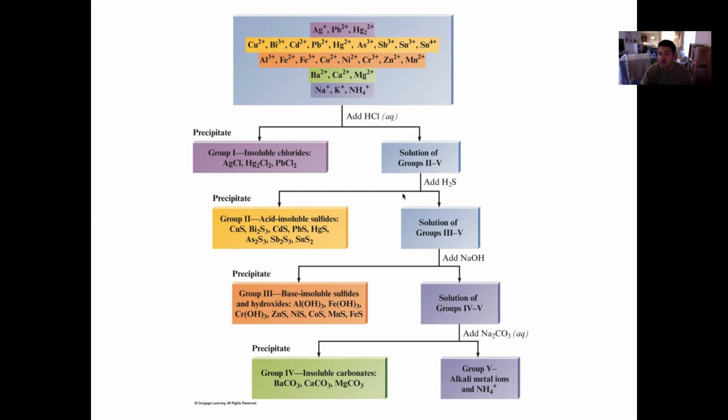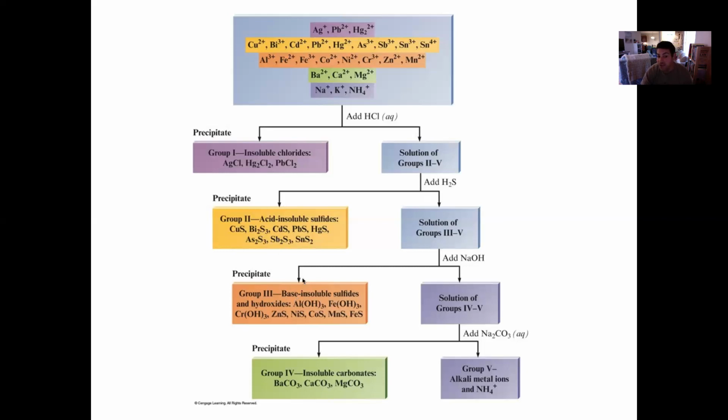So it's a new pass that we're going to go to get an idea if it's one of these cations in our unknown. All right. Now, let's say you've added hydrochloric acid, you've added the hydrosulfuric acid, still no precipitate, right? All of these cations are off the table. So we're still trying to figure out what the unknown is. Now we add the sodium hydroxide. All right. Hydroxide salts are very insoluble.